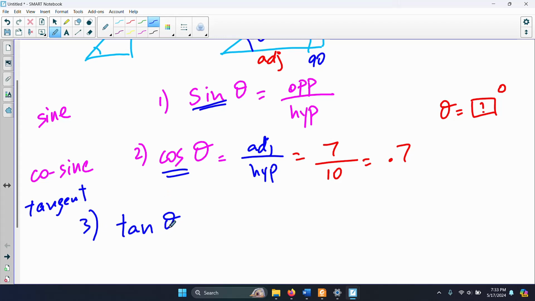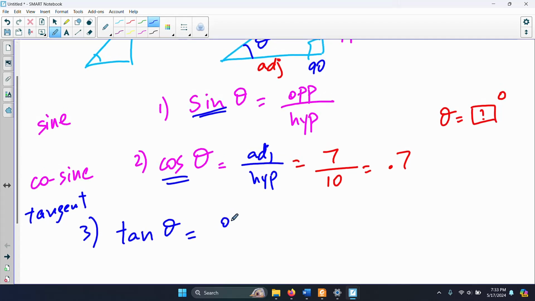Sometimes we just say tan theta, but it's really not proper. And the definition of tangent in terms of triangles, in terms of sides, is the opposite side divided by not hypotenuse, that would be sine, but divided by adjacent.